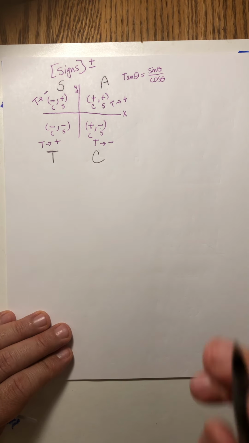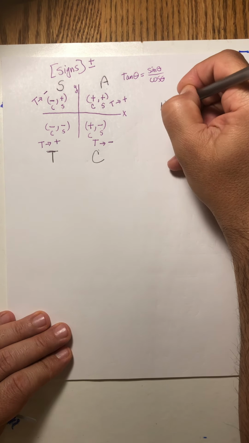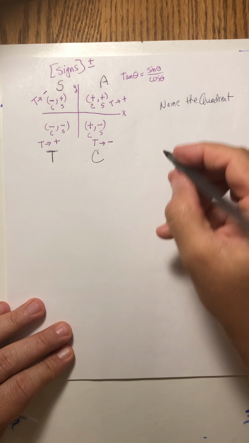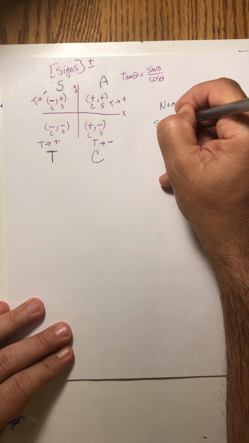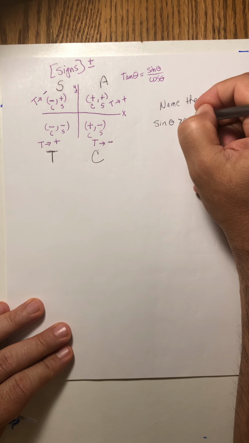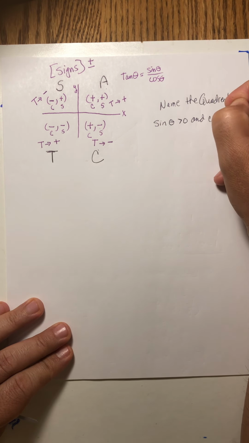So we're going to play a little quadrant game. Name the quadrant. Okay? Sine of theta is greater than 0, and the cosine of theta is less than 0. We're going to name the quadrant.